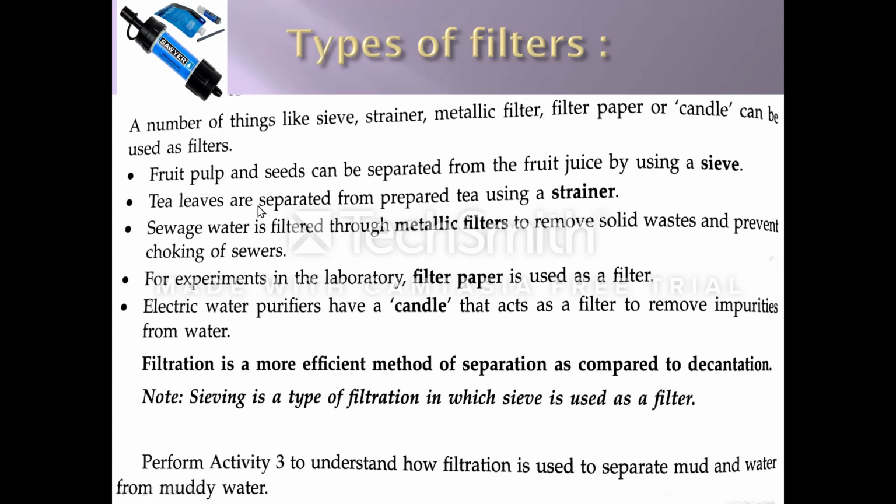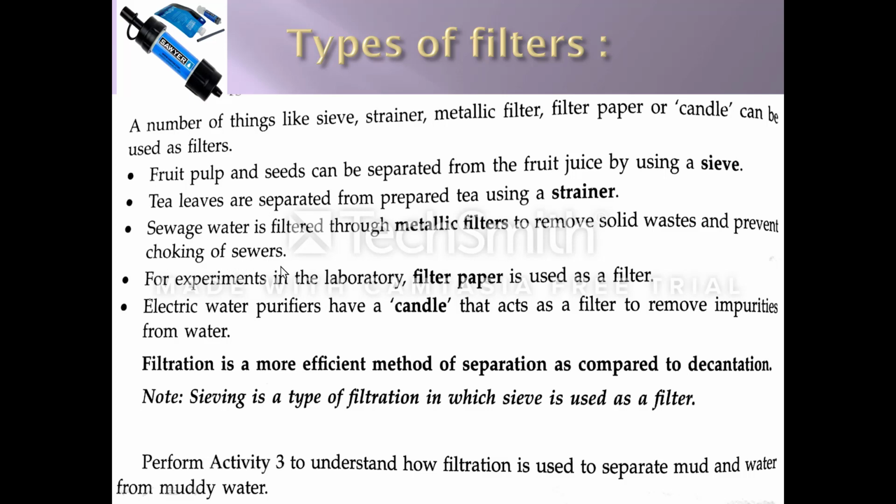Next, tea leaves are separated from prepared tea using a strainer. We have seen this experiment several times in the chapter. Sewage water is filtered through metallic filters to remove solid waste and prevent choking of sewers.